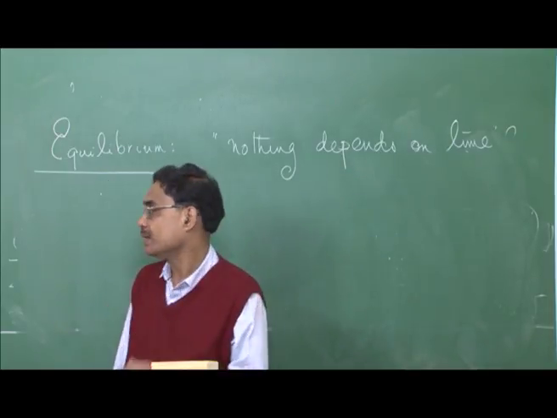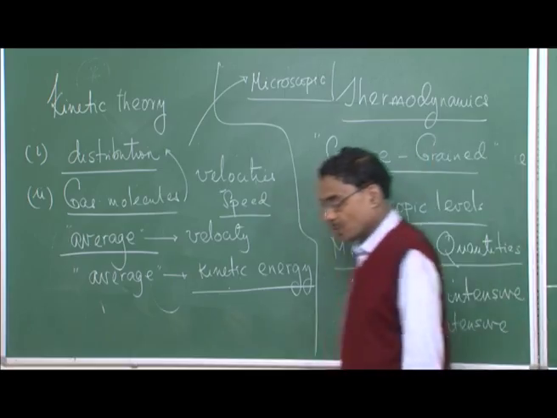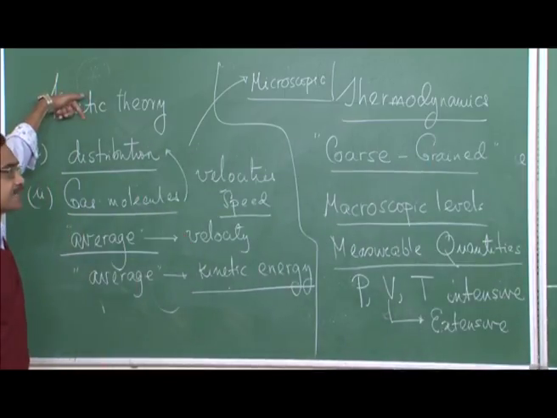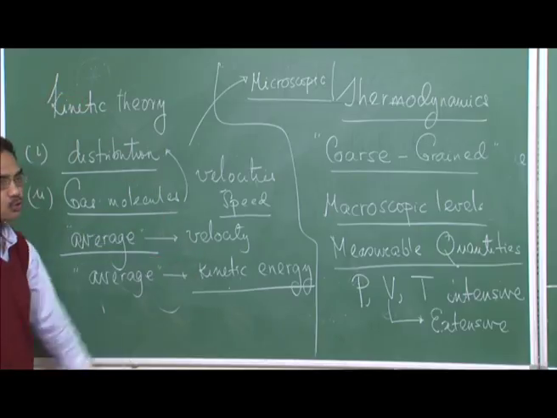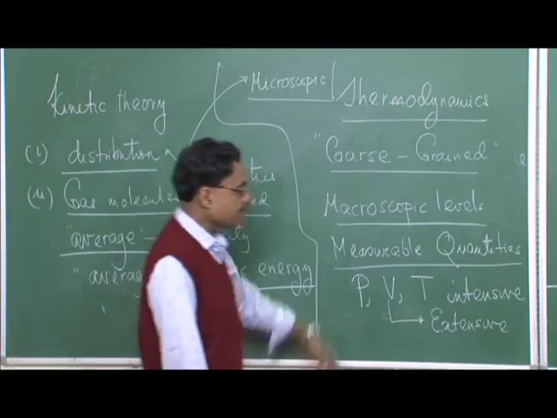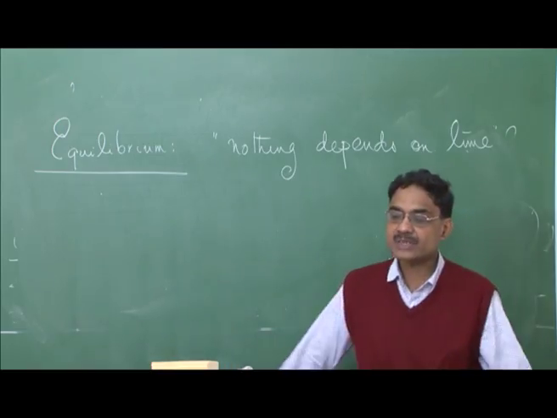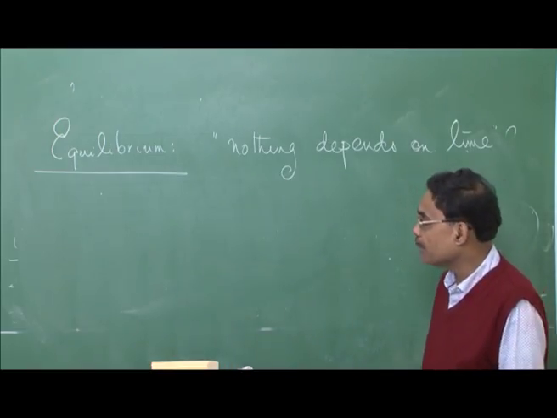So, in equilibrium, if I study kinetic theory, it will show a different approach to equilibrium, maybe thermodynamics will give you another approach to equilibrium, but I will be constantly talking about equilibrium.